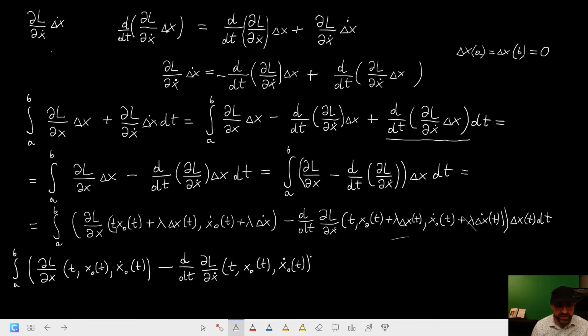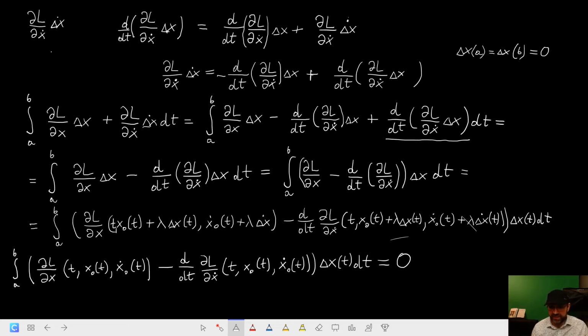And now the important bit: the delta x at t, because remember this is still a certain trajectory, the dt is equal to 0. And now what to do with this?